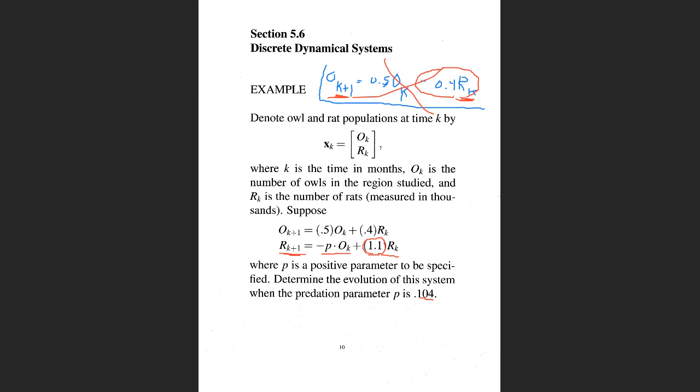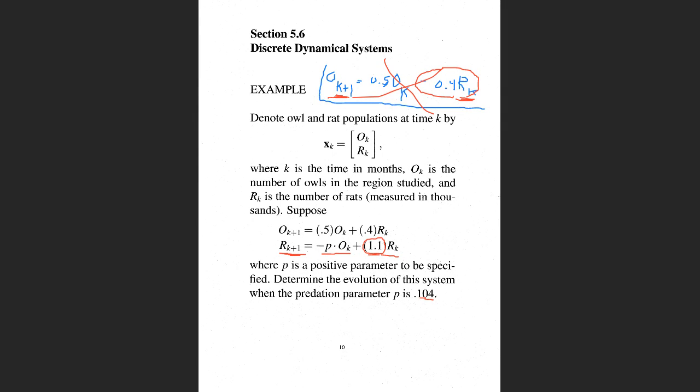If the rats next month, why would the 1.1 be there? The birth rate. Okay, good. Mikkel, that's right. The birth rate exceeds the death rate. You got to be a little careful about saying it that way, but definitely it has to do with birth rate.